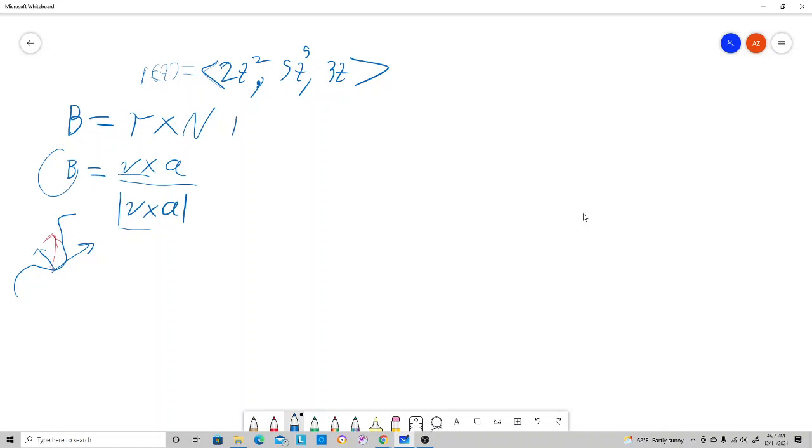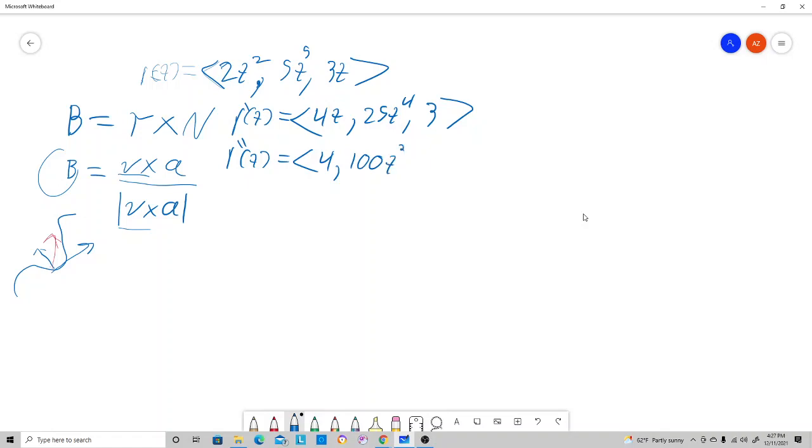So let's write it. r prime of t should be equal to, component by component, 4t, 25t to the fourth, 3. And now the double derivative: we should have 4, 100t to the third, 0.